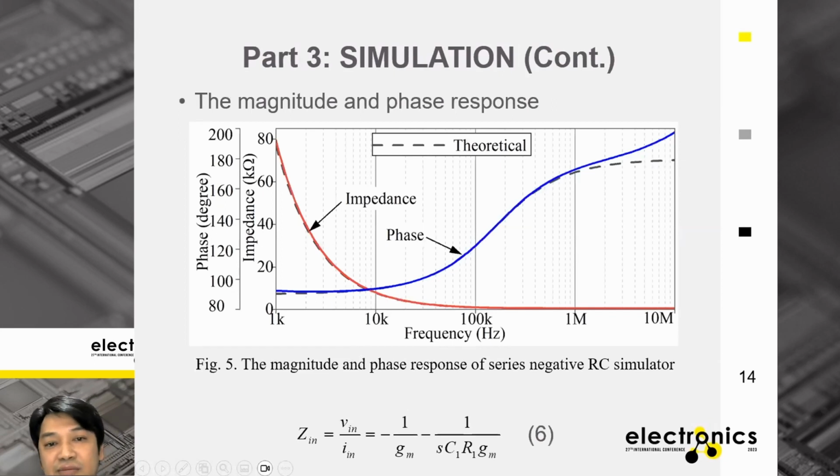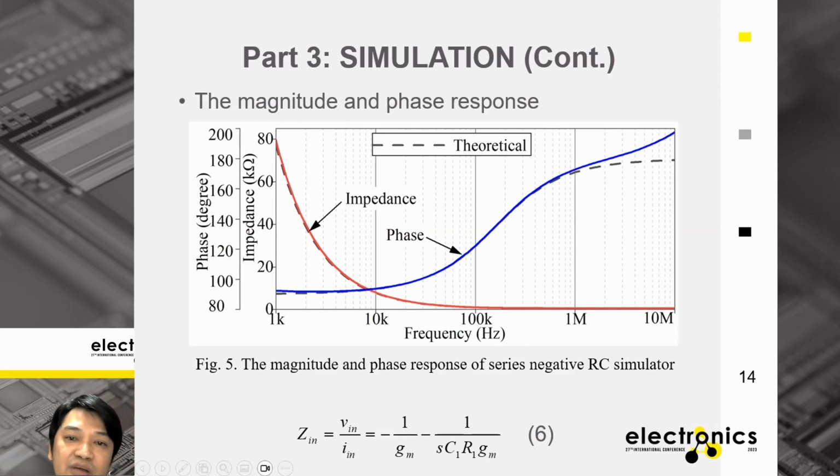Okay, let's take a look at the low frequency response in figure 5. You can see the magnitude of the impedance in the red line, and the phase in the blue line. The theoretical result from the calculation equation is the black dashed line.